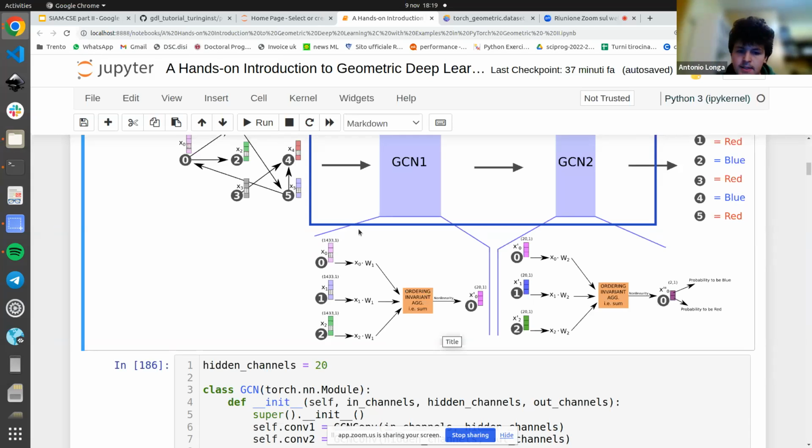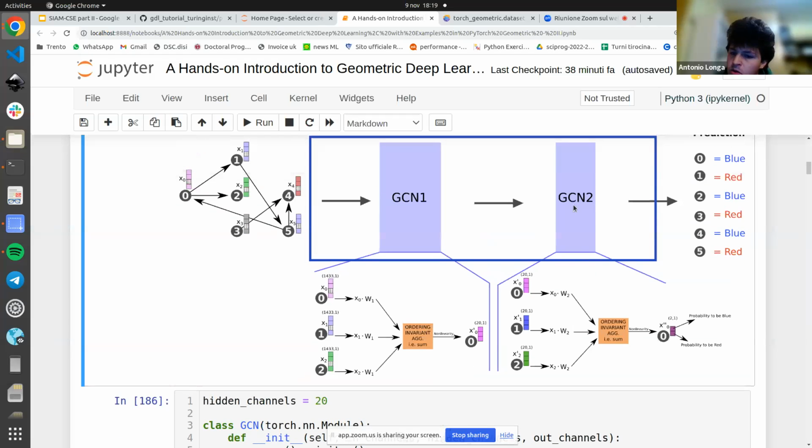In particular, in this toy example, I'm starting with this feature that is 1433, and I'm compressing it down to 20 times 1. Then what happens? We have the second convolution.